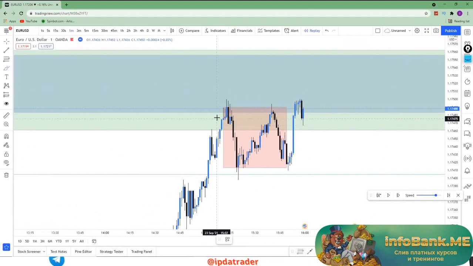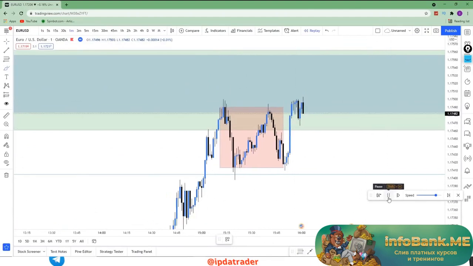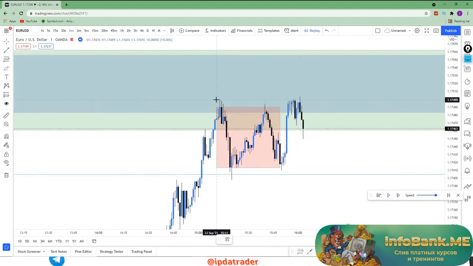We should be spiking above the high. There we go, we spike above it. With this wick right here, we clear all this liquidity, which means the liquidity factor of your confirmation is valid, and all you need to do is wait for that break in market structure.